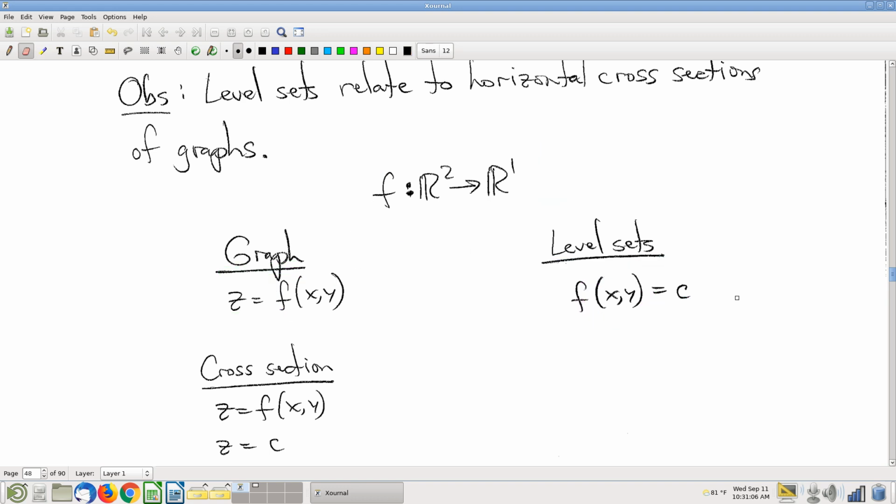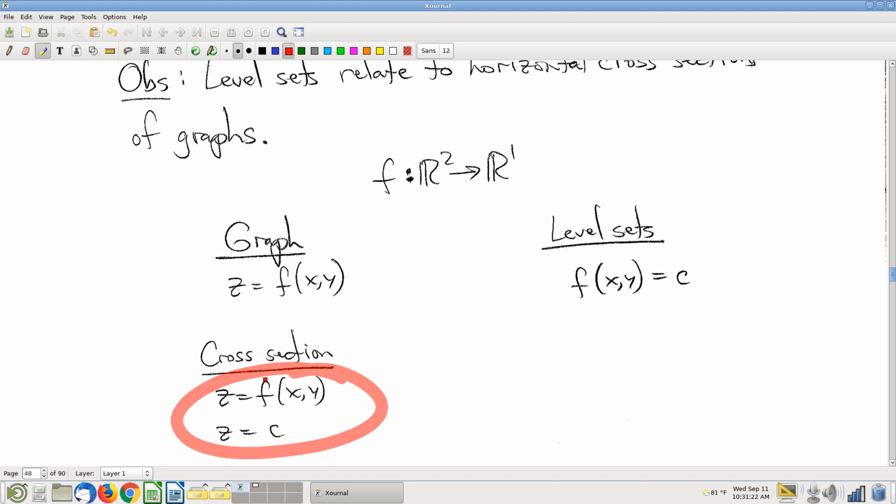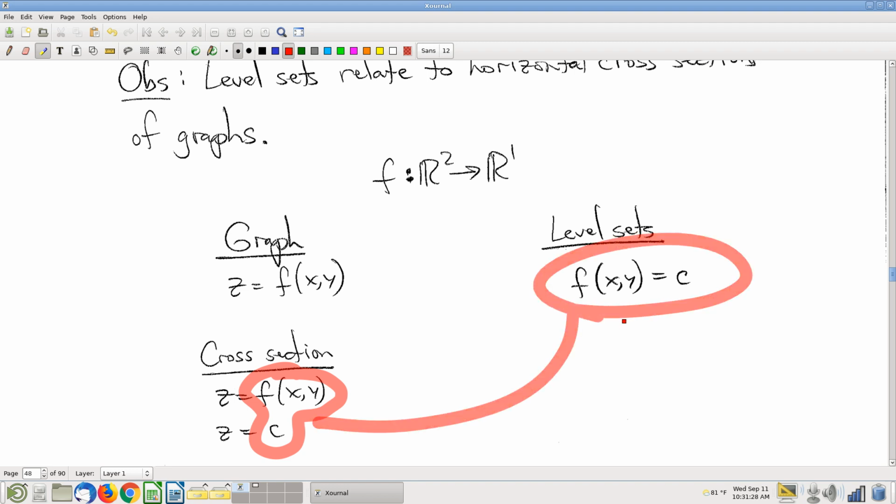The connection, you'll notice, is that if you take this graph equation, and if you just tack on an additional equation, if I just say, let's look at z equals c, the combination of these 2 equations, you can, not too challenging, eliminate the z, and realize that, in fact, what you're looking at is exactly a level set.